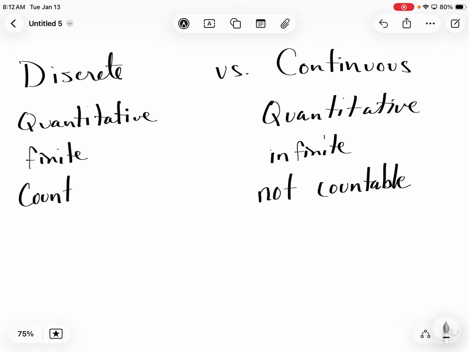Mm-hmm. And the reason why they say it's continuous is, and this is where the wording of the question might just be careful, because it just says the distance. It doesn't say miles. It doesn't say what unit. If you have it in miles, then I think it would be discrete, because then it has a definite thing.